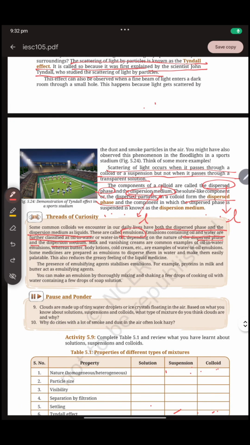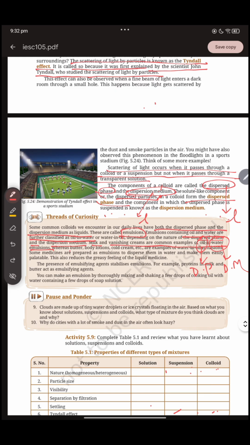Now, milk is an example. So milk and vanishing creams are common examples of oil in water emulsion. Oil in water means the dispersed phase is oil and the dispersion medium is water.